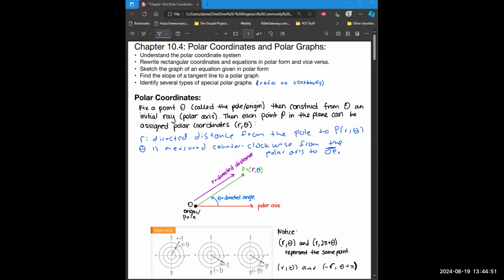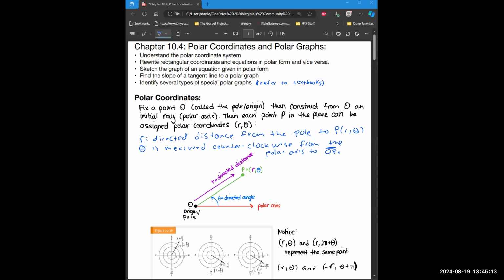And then we are going to rotate an angle theta, whose positive angle measurement is going to be measured counterclockwise. Negative angle measurements are going to be measured clockwise, just like they were in trigonometry when we measured angles.